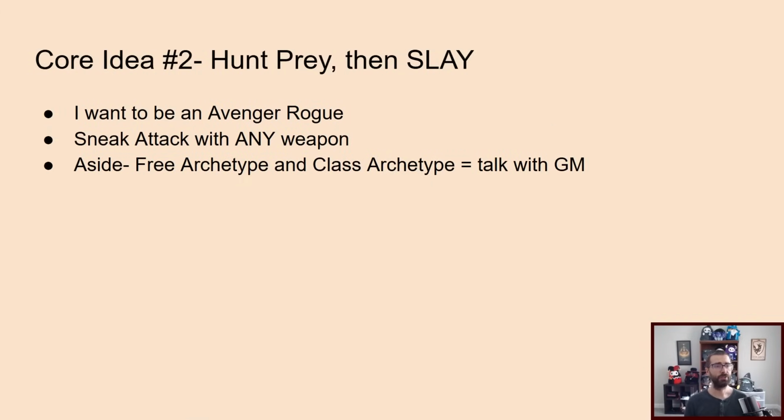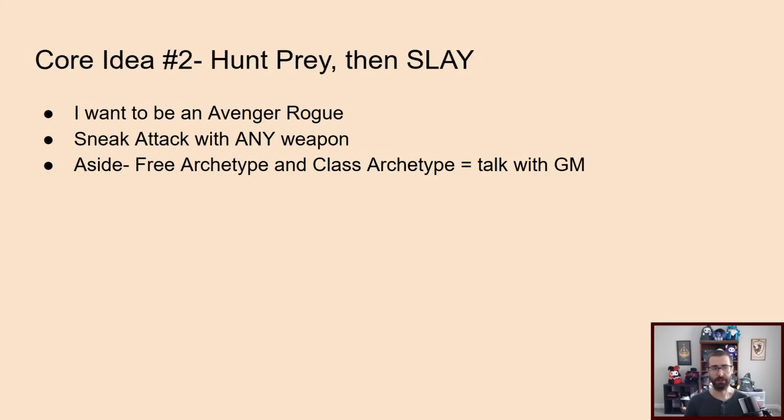So for idea number 2, I have selected an Avenger Rogue. And I have selected this specifically because there's not good written guides about what you should do with an Avenger Rogue. In case you're not familiar with the Avenger Rogue, it is a class archetype, which means at level 2, instead of taking a class feat, you take a dedication feat, and it changes the way your class works a little bit.